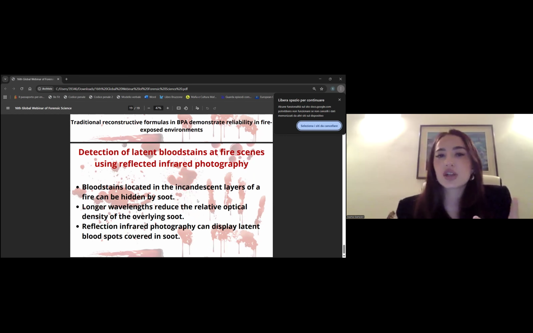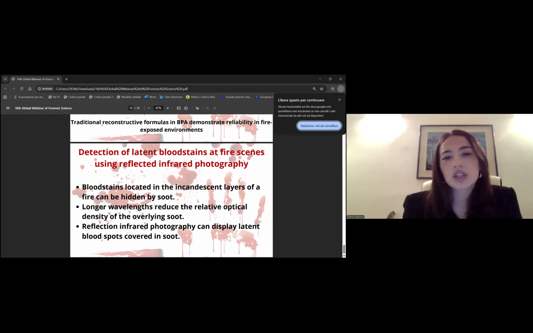Infrared radiation also has the potential to distinguish between two different objects that appear optically similar under visible light, due to the difference in spectral response of materials irradiated by infrared radiation.